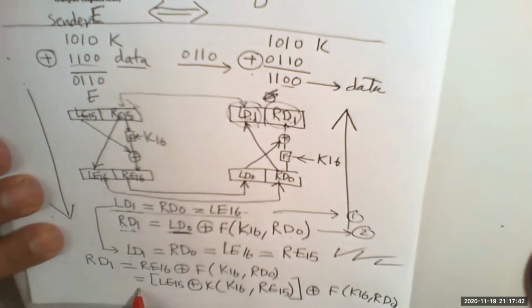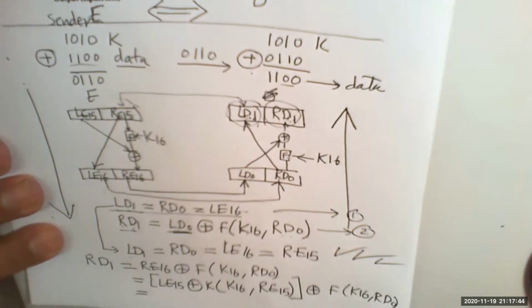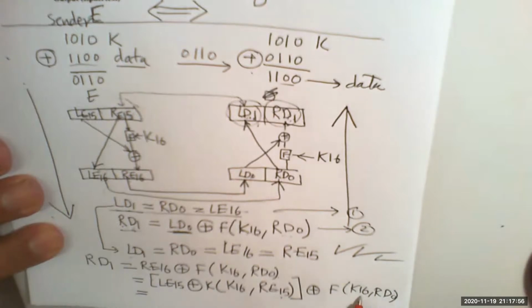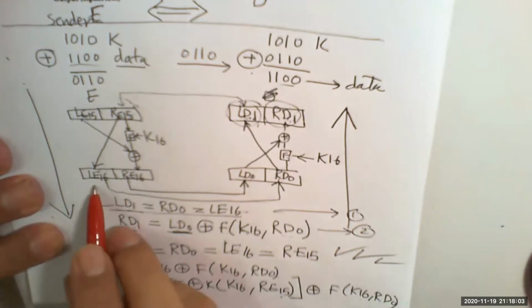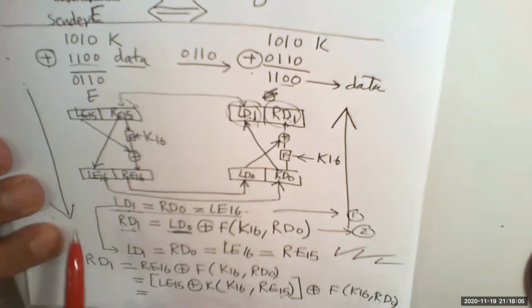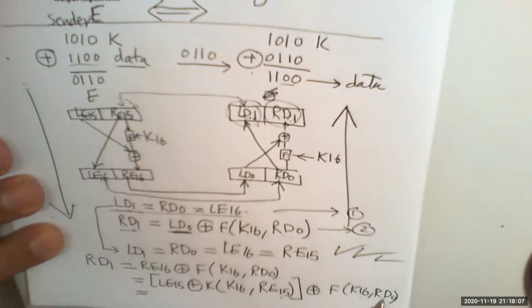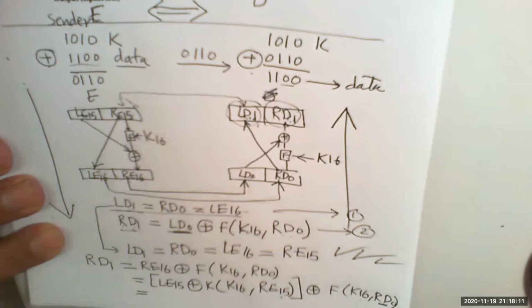Okay, now this is the same as saying RE15, and here I have RE15 and this is RD0. RD0 is the same as LE16, and LE16 is RE15. So I can remove RD0 and put RE15.